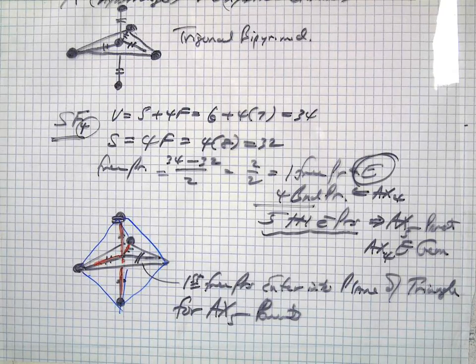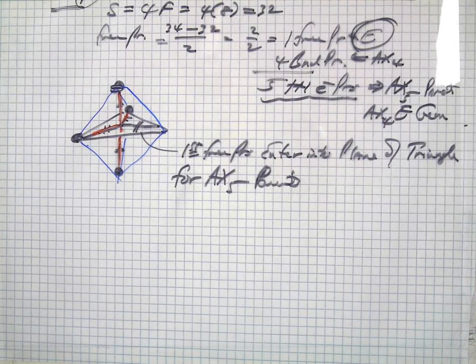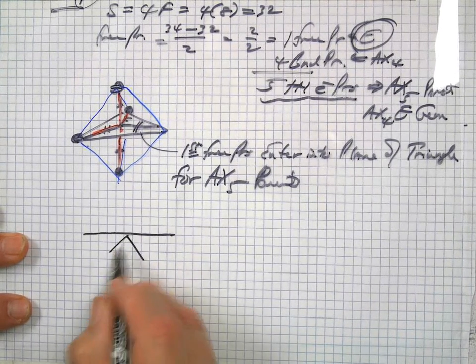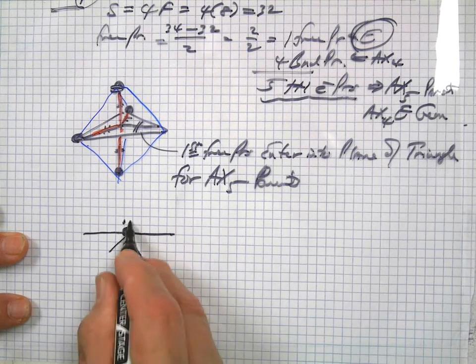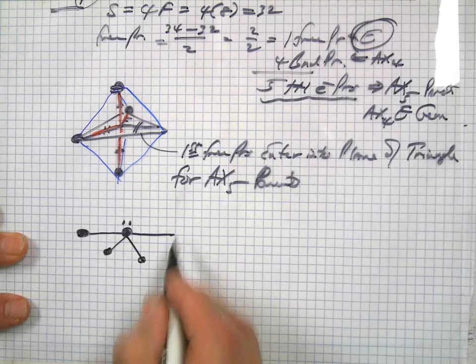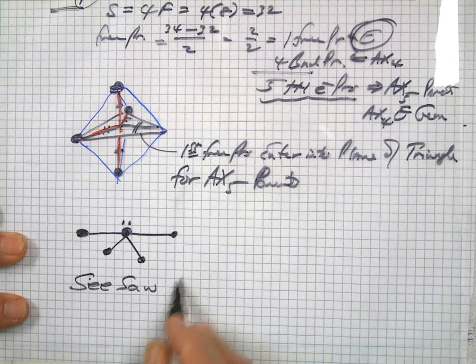The parent takes all of it into account, but geometry is dependent only on bonded pairs. So if you look at this, you might see it like this. Another way to look at it, these are bonded pairs. This is referred to as a seesaw geometry.